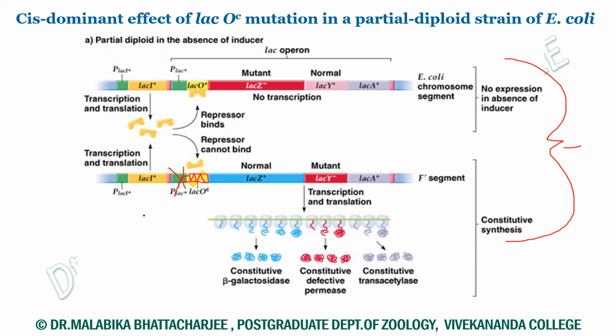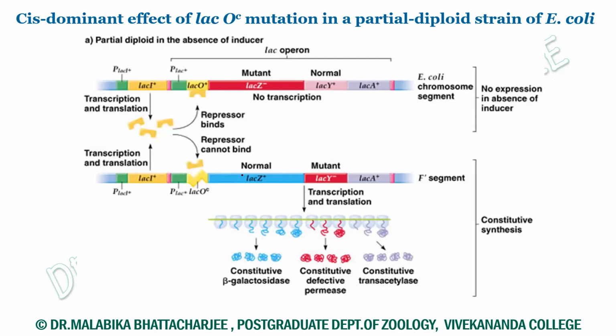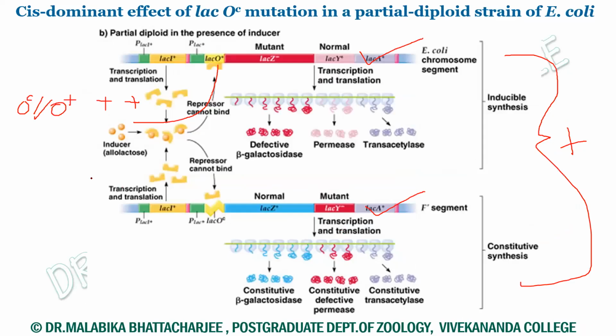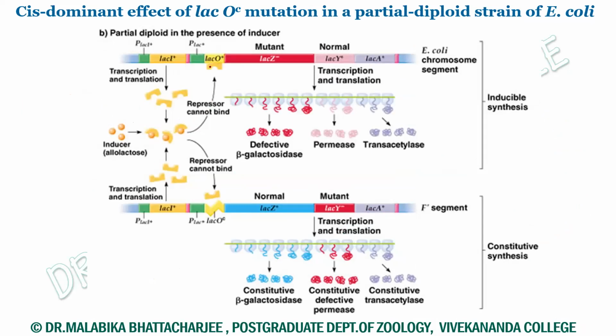The moment lactose is given in the system, what happens? Let's look at this scenario. The lactose is given in the system and the inducer molecule will open up this repressor. But as I said, we had a defective promoter.